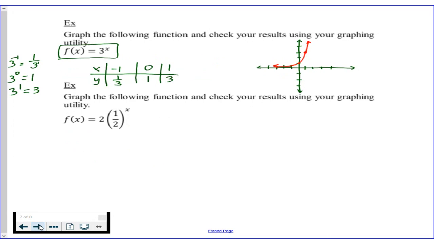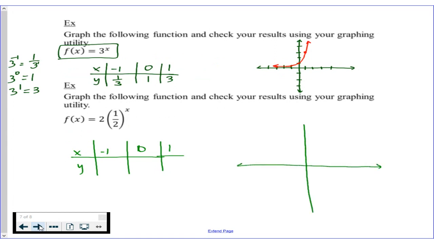You guys have any question on this one? Redo the graphing.